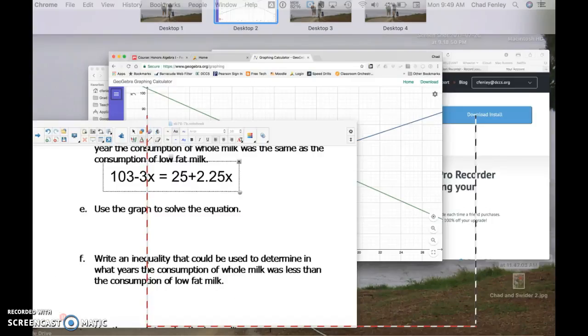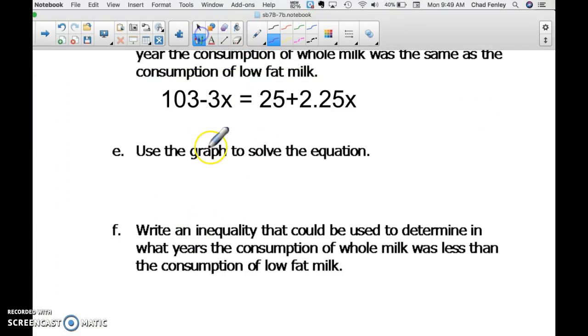So the solution set is 15, basically x equals 15.